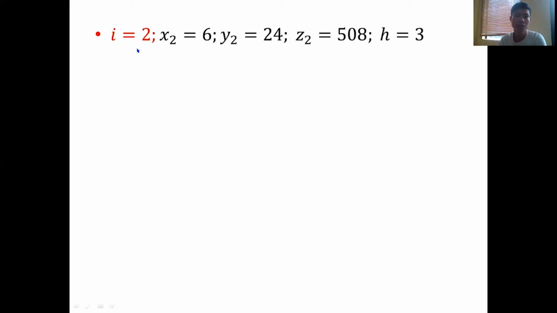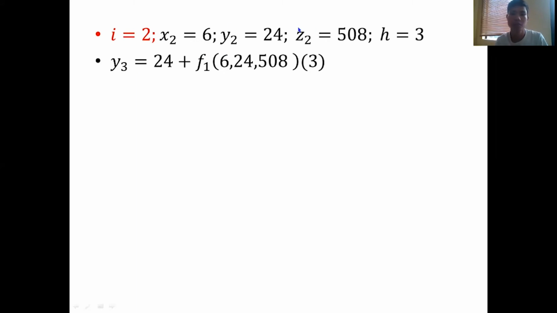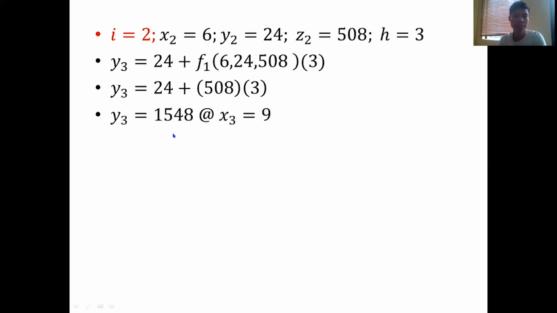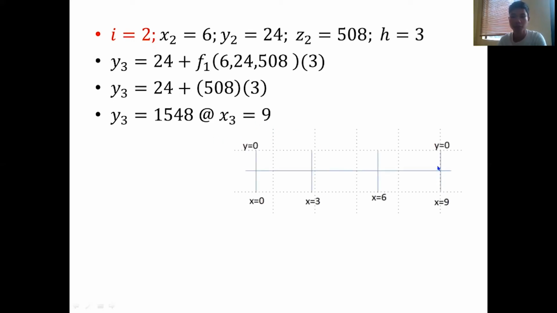Using these values again, we substitute to solve for y3: 24 plus function 1 of (6, 24, 508) multiplied by 3. Since we only consider the z, which is 508, we get 24 plus 508 times 3, which is 1,548, at x equals 9.